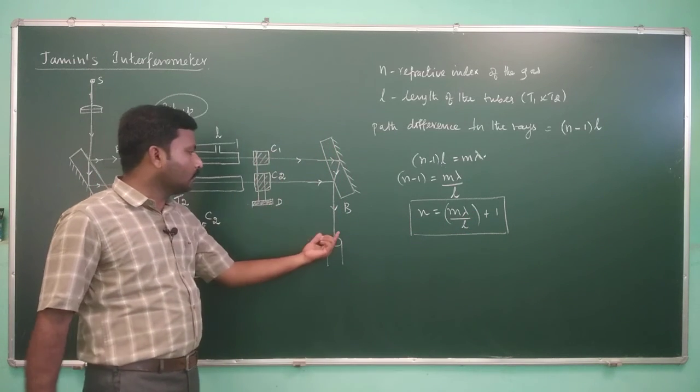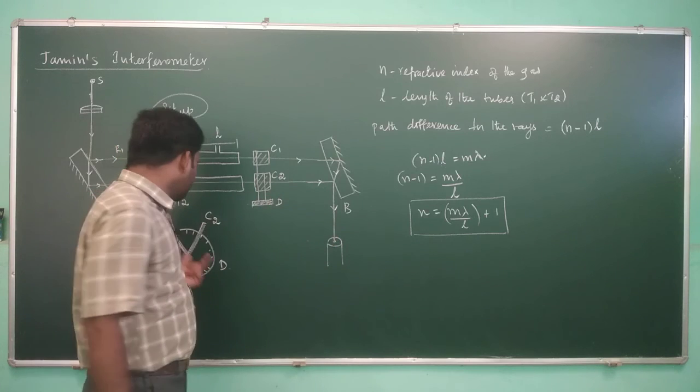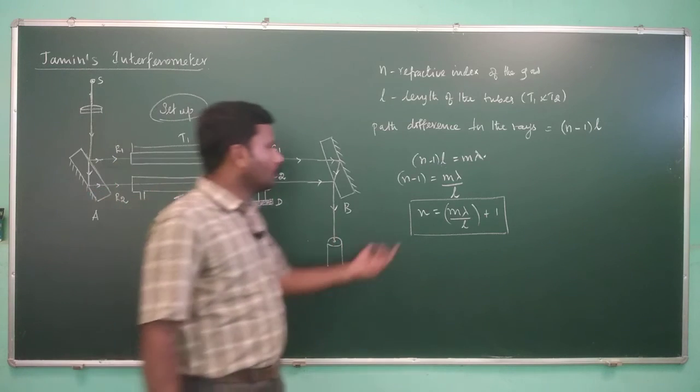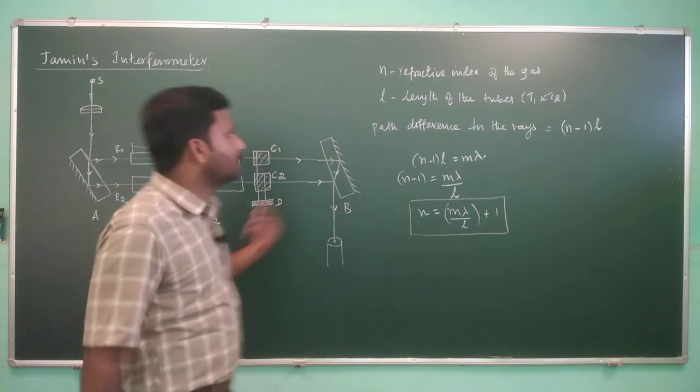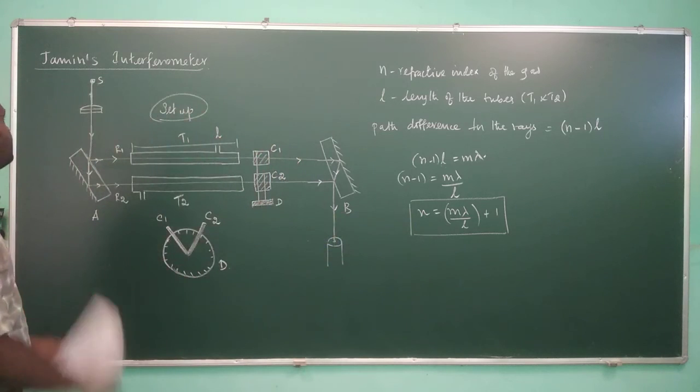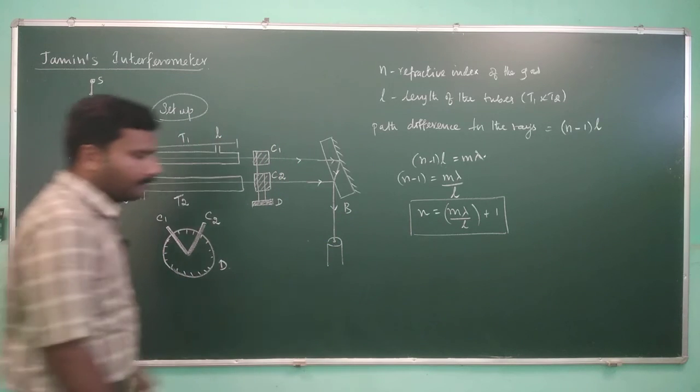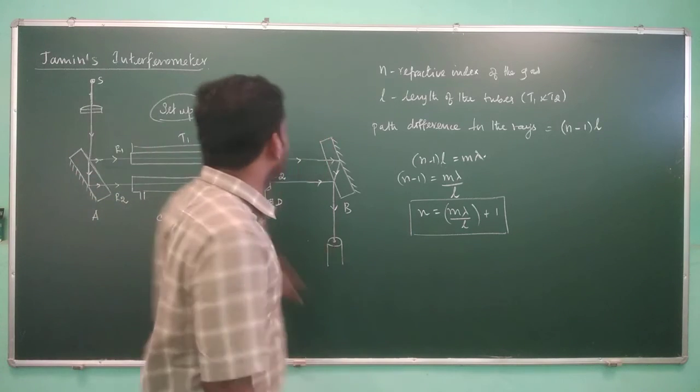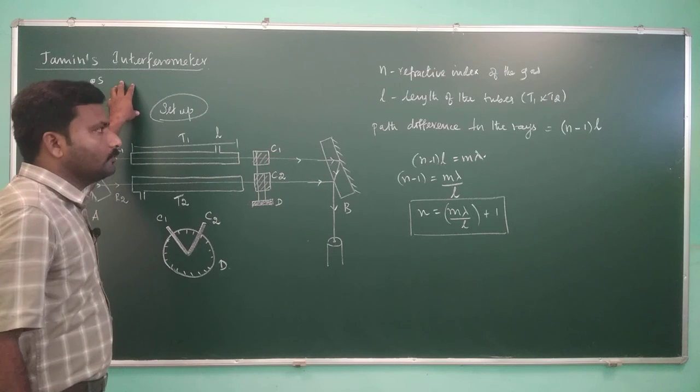If you count m, then the scale will automatically tell you the value of n. That is the idea. So this is a simple experimental setup for calculating the refractive index of a gas material. It is named Jamin's interferometer.